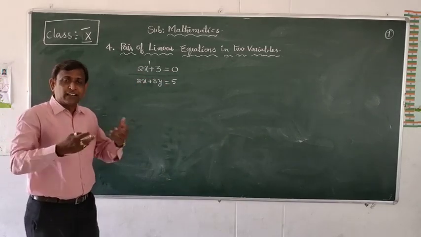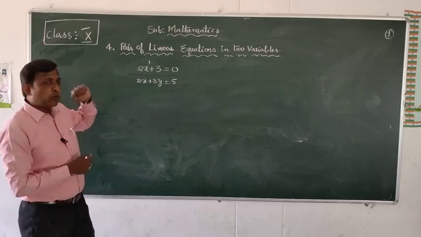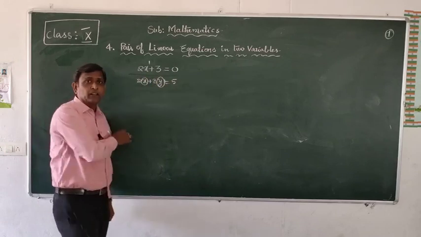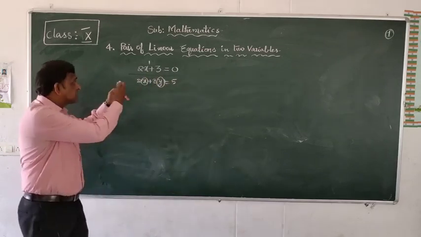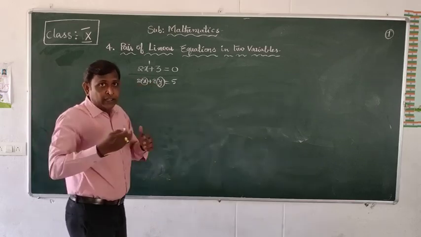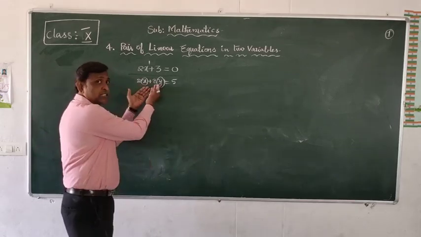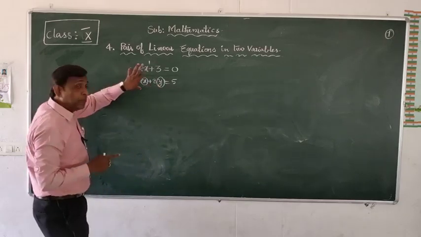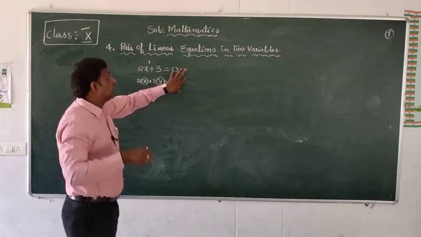There are two variables, one is x and the other is y. Since two variables exist in that equation, it is called a linear equation in two variables.